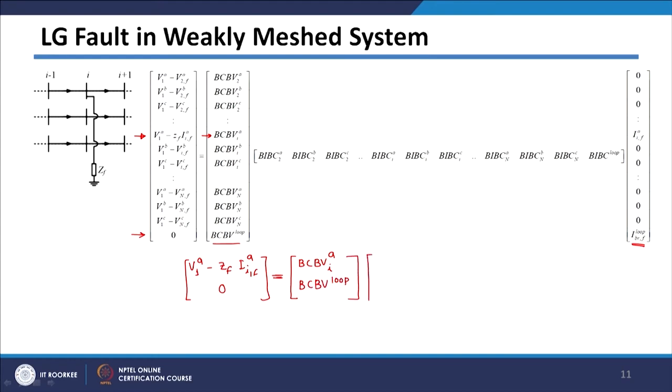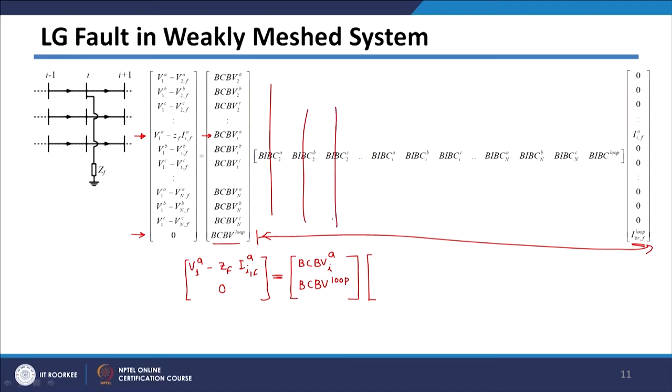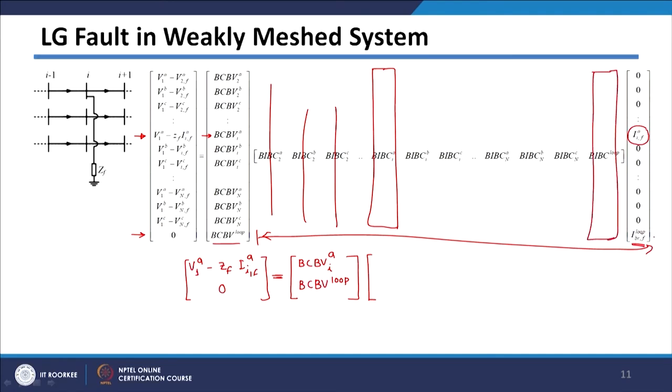which will get multiplied. And if you observe this part of the matrix from here to here, you can see that all these BIBC columns are getting multiplied with 0 except this column here, which is getting multiplied with a non-zero entry, that is the fault current, and this column here, which is getting multiplied with your branch currents in loop forming branches.